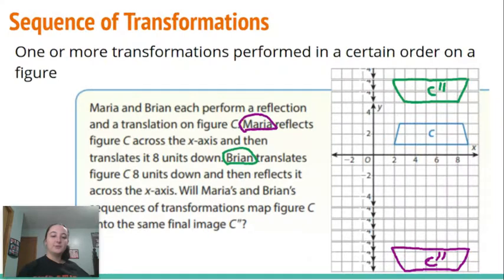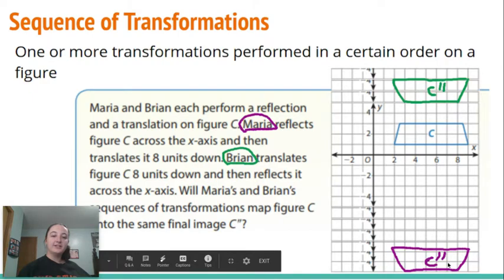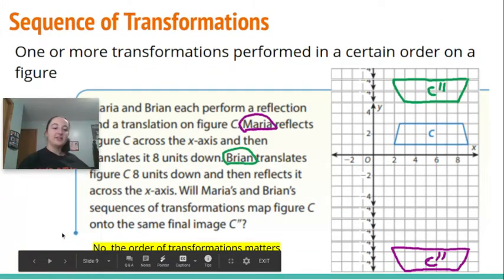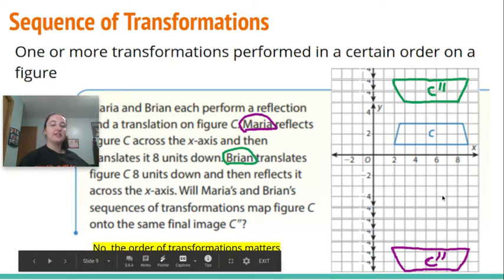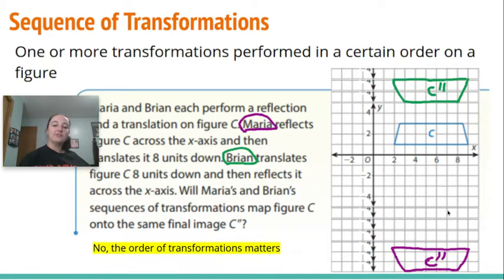We have our C double prime for Brian up here and our C double prime for Maria down here. So no, this means that the order of transformations does in fact matter. Maria reflected and then translated, whereas Brian translated and then reflected. So their final images were at 2 different spots on the coordinate plane.